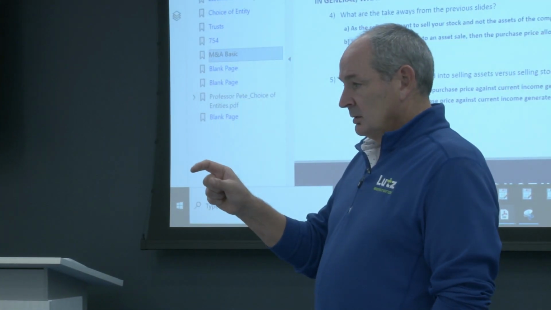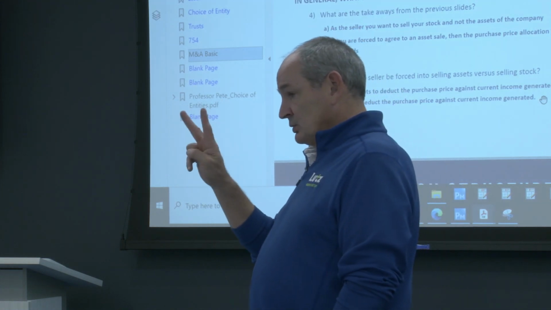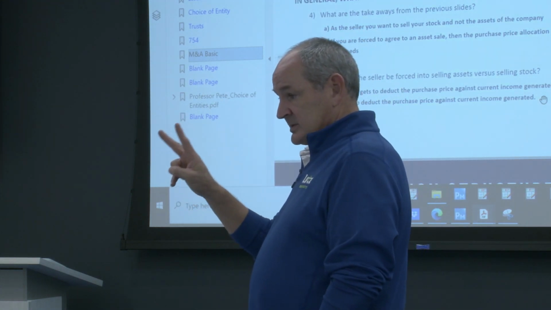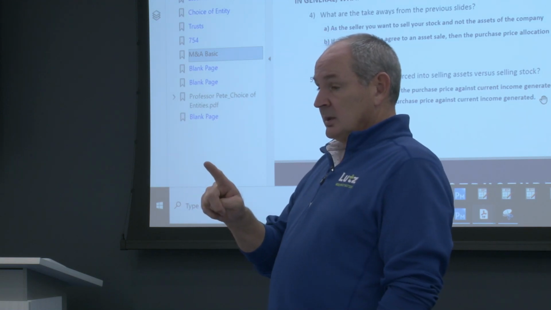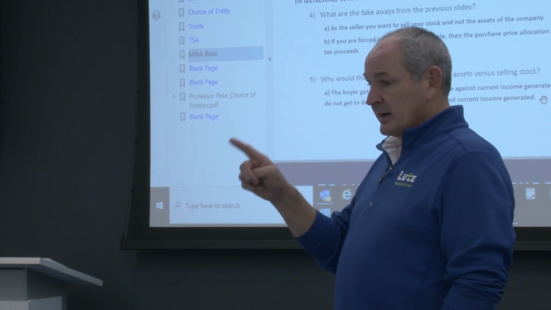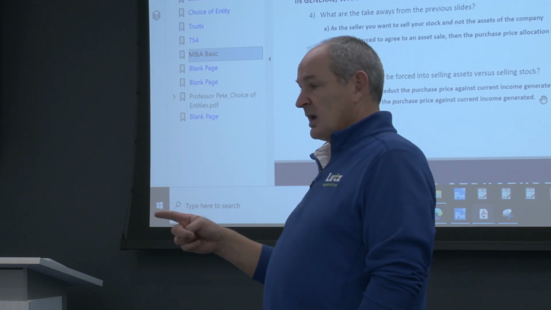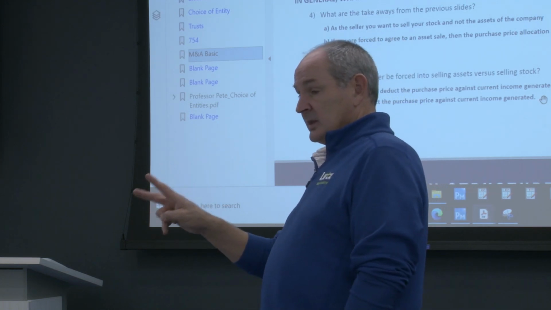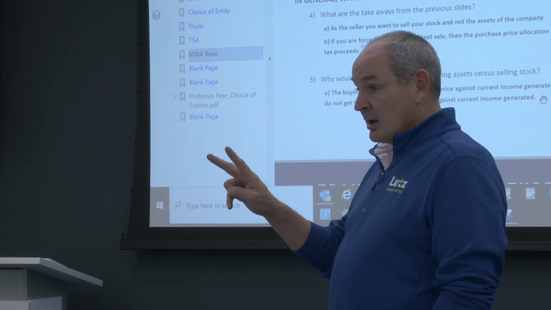If you sell the stock of a company, if you're the seller, there's 2 things that are really good about selling stock, and this is worth knowing. One is the sale of stock is always going to be subject to capital gain, with the exception of hot assets under a partnership type of entity. Two, if somebody buys the stock that you have in the corporation, they buy all your liabilities.